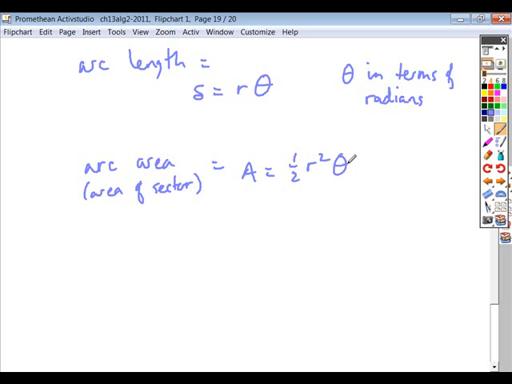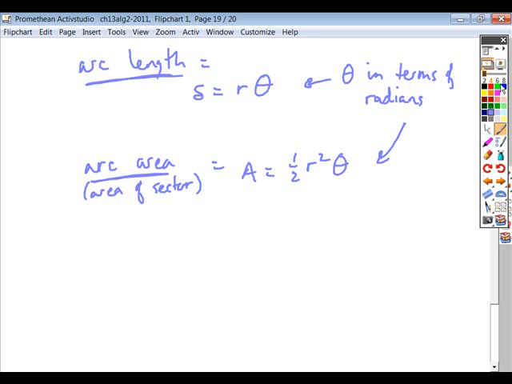Again, where theta is in terms of radians, not degrees. And so in each of these cases, you would need to convert into radians if it was not given in terms of radians in order to solve for those.